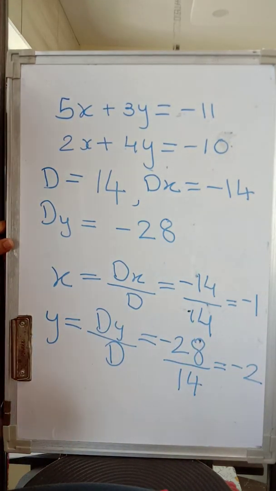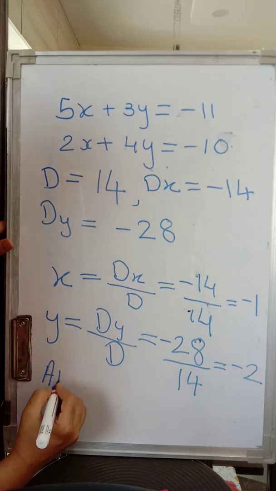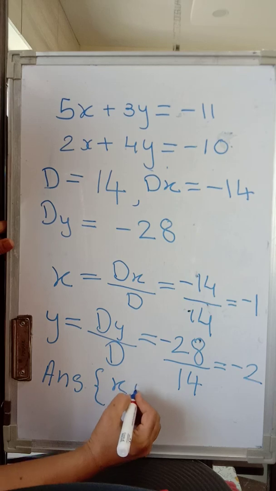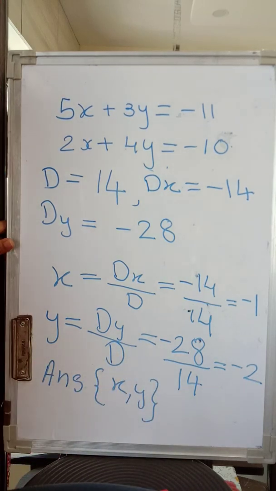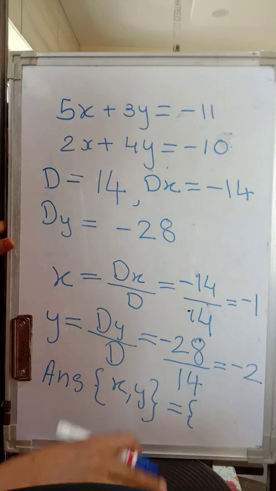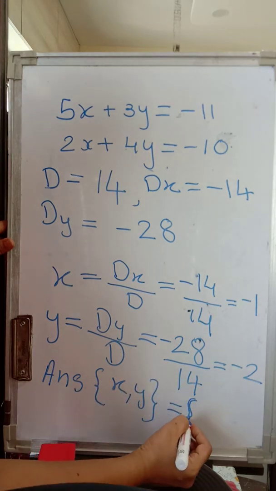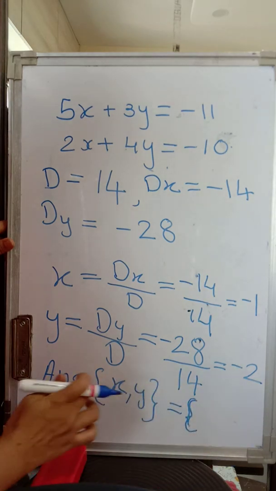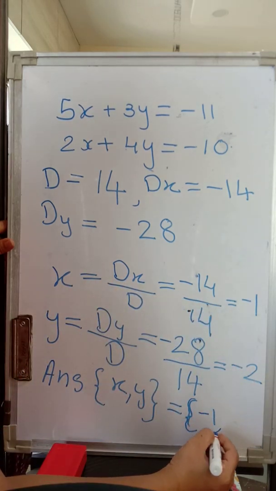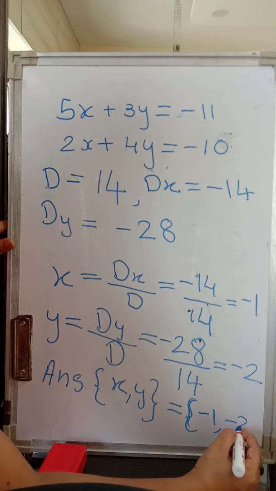So what is our answer? First we always write the x coordinate and then the y coordinate. So what will our answer be? First is x. How much did we get for x? Minus 1 comma minus 2.